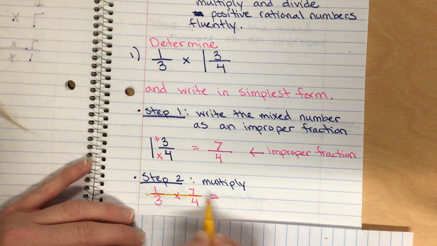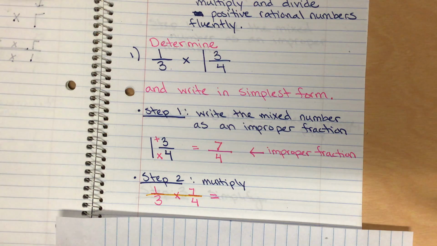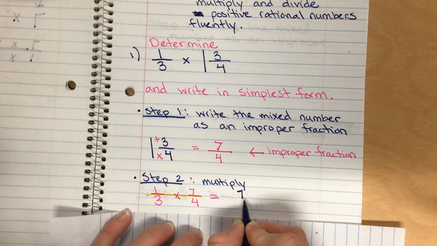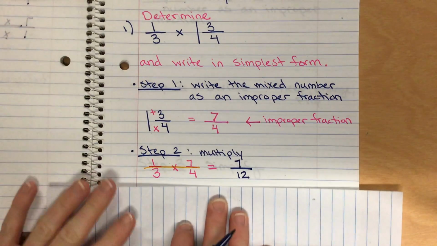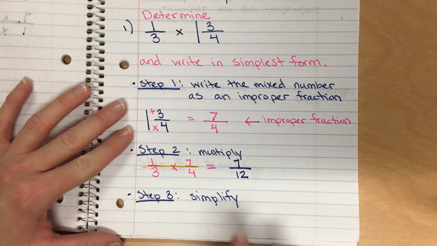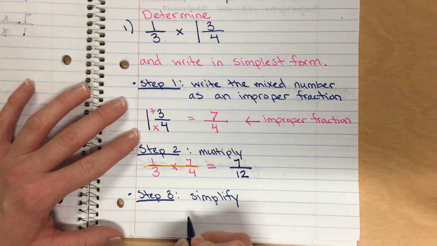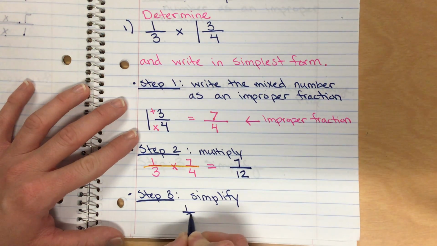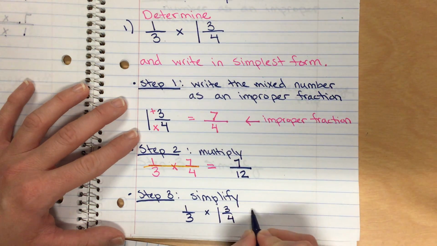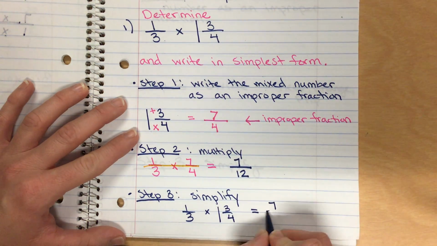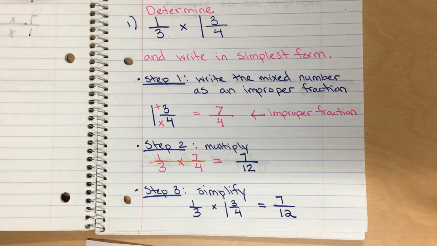So I'm going to draw a line straight across like that. 1 times 7 gives me 7. 3 times 4 gives me 12. Step 3 is to simplify. Well, 7/12 already is in simplest form, so I know 1/3 times 1 3/4 gives us a product of 7/12.